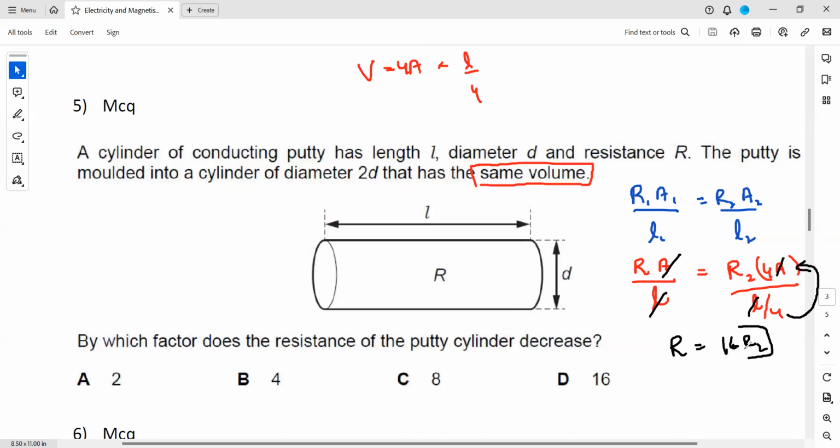And if we need R2, this 16 is multiplied on one side, on the other side it will be divided. So R2, the new resistance, is 1 by 16 of the first resistance. So it is changing by a factor of 16. This is the second method in which you can use R1 A1 over L1 equals R2 A2 over L2. Is it clear?